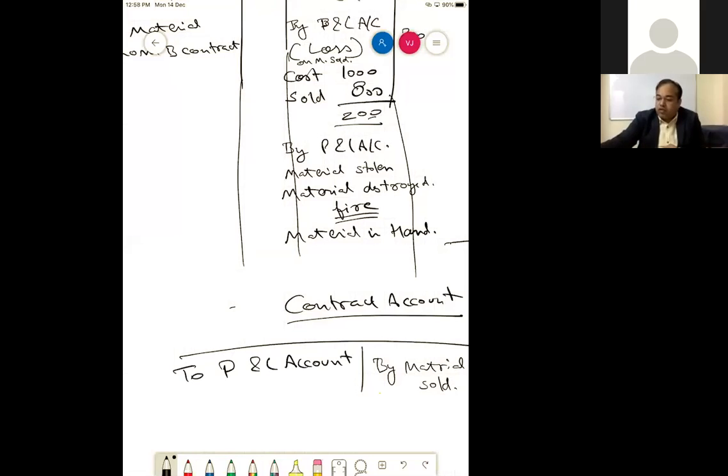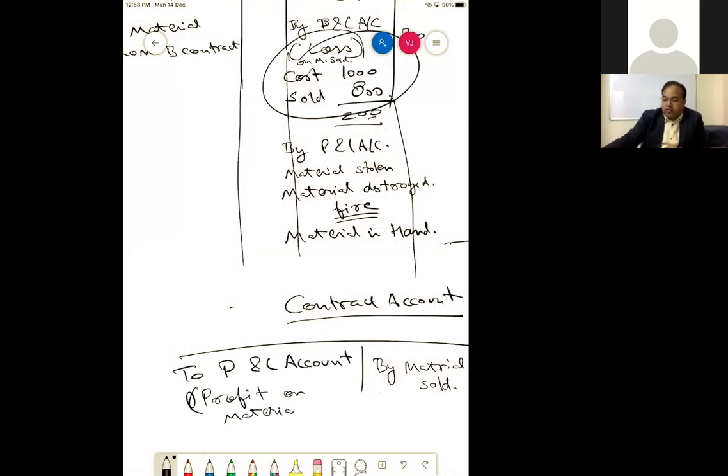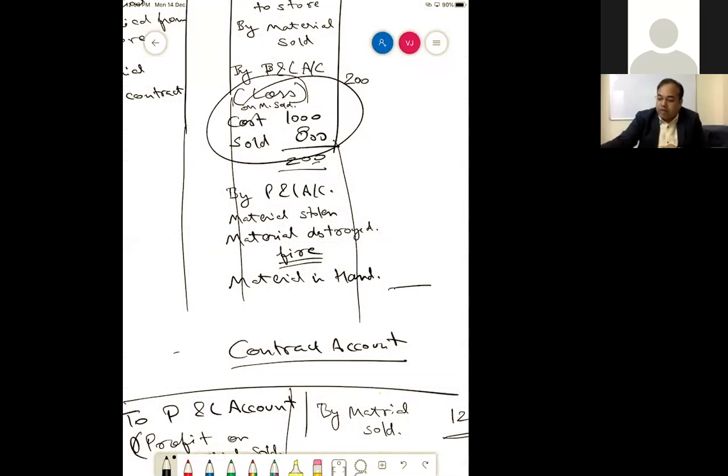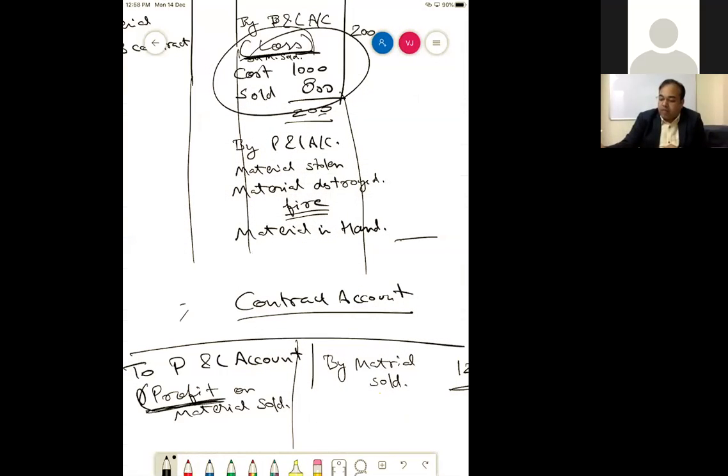So losses are shown on the right side and profit is shown on the left hand side. So if there is profit, you show it as profit on material sold. Clear? I'm just giving you two examples. If you happen to have loss, then you show it on your right hand side, and if you happen to have profit, you show it on your left hand side. So these are some of the items that you show in your contract account.